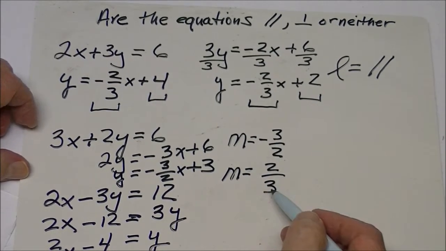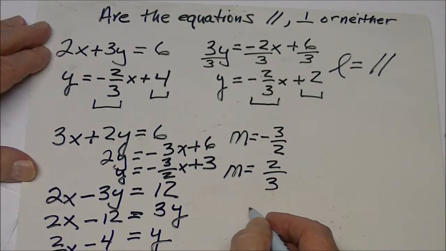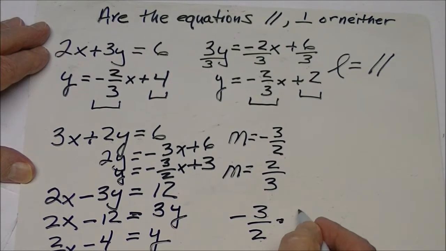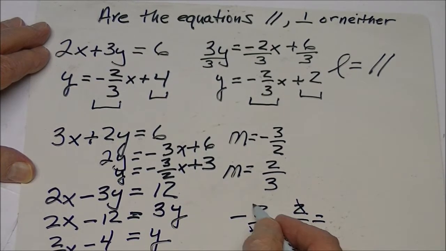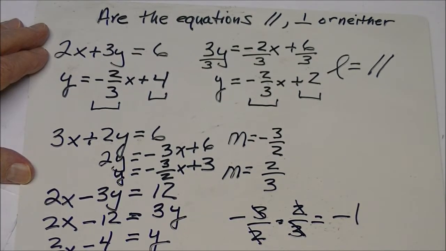Now, we know the slopes are not the same, but if we were to multiply the slopes together, negative 3/2 times 2/3, here the 2's cancel out, the 3's cancel out, I'm left with just a negative 1.